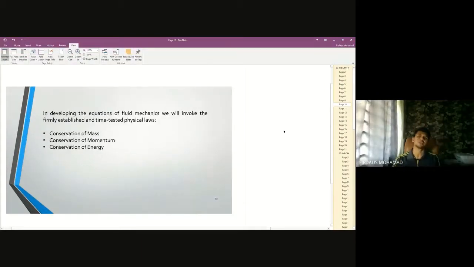Normally dalam problem kita dah tahu this is the control volume. So maknanya yang itulah kita akan analyze. But the most important is how to analyze that control volume. Okay, so in order to analyze that control volume, we must apply all these three conservation, which is conservation of mass, conservation of momentum, and conservation of energy.